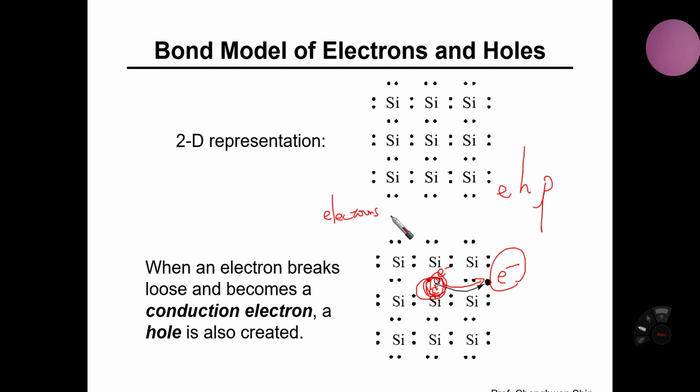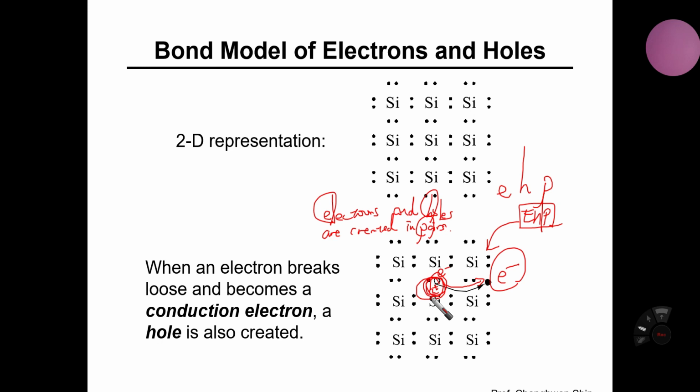Electrons and holes are created in pairs. So E, H, P. So EHP has been created. So in a pure silicon diamond structure, that is, face-centered cubic diamond structure, simple cubic, you all remember these things, right?